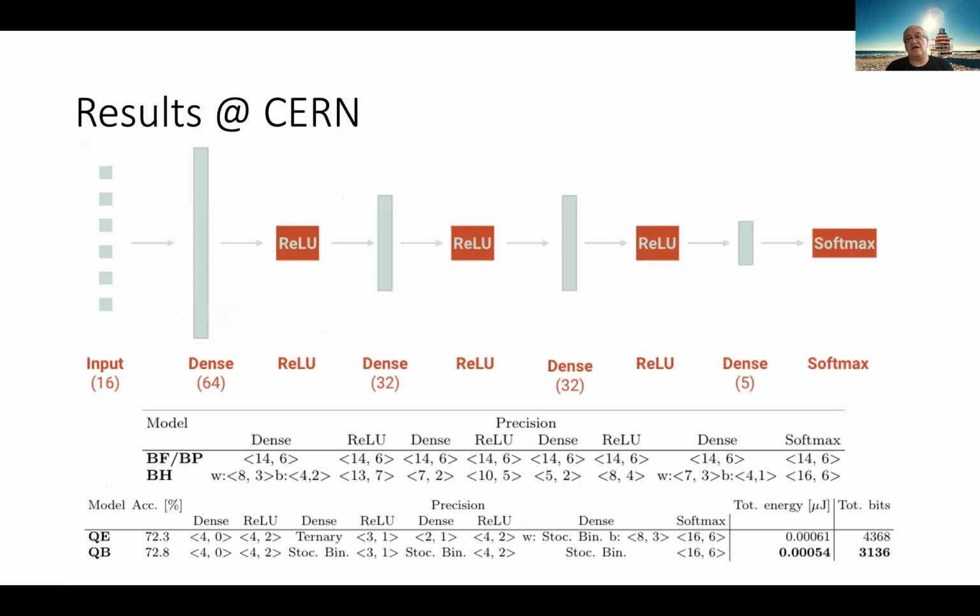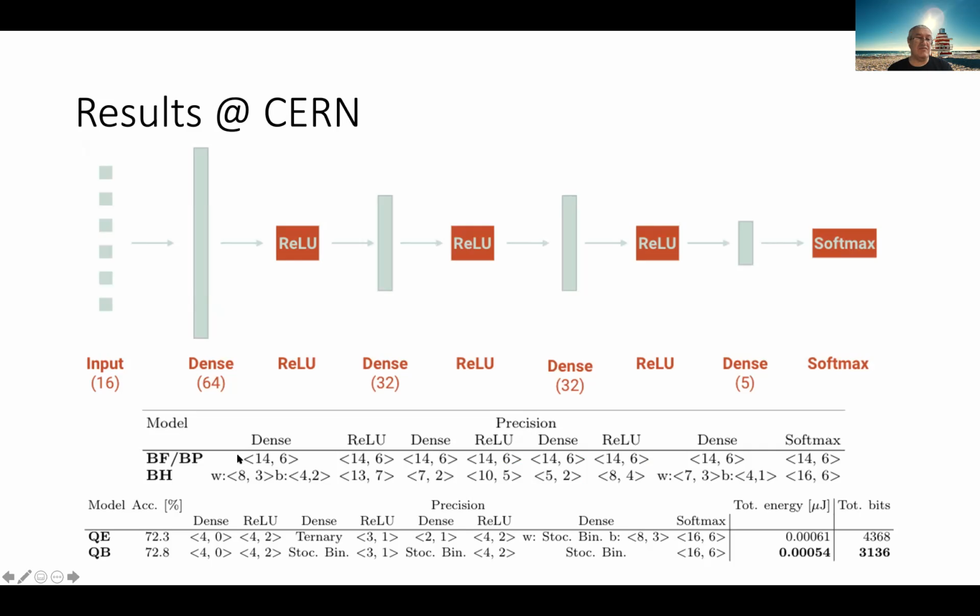So let's look at how we use this at CERN. At CERN, they have the collider, and in the collider, they have FPGAs at several points, and those FPGAs keep logging data to analyze later on. And they have to make a decision, for example, whether the data that passed here has to be stored or not. But they have less than 1 microsecond to make that decision, okay?